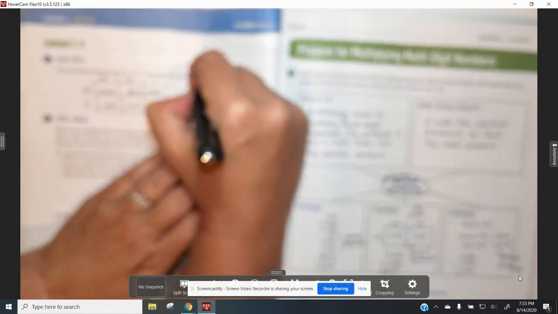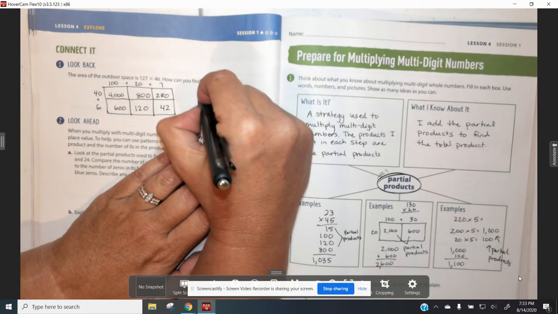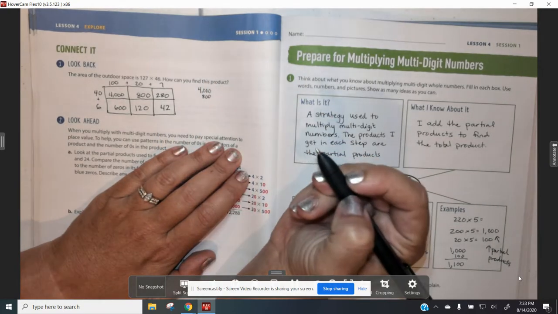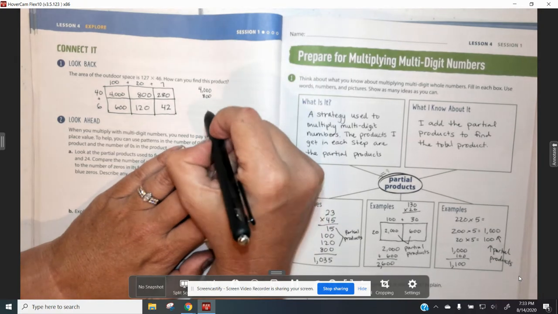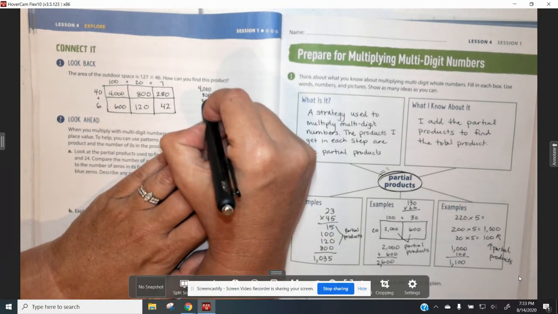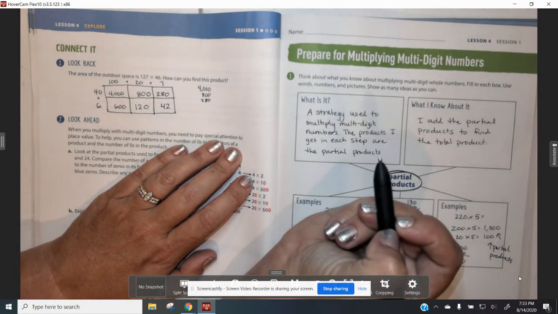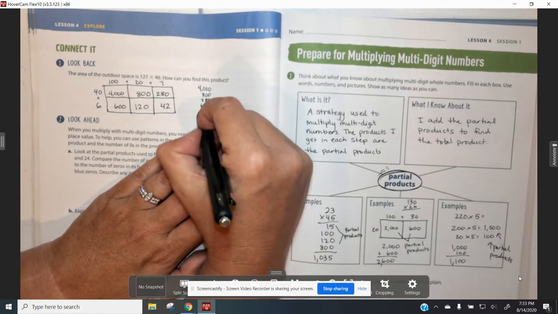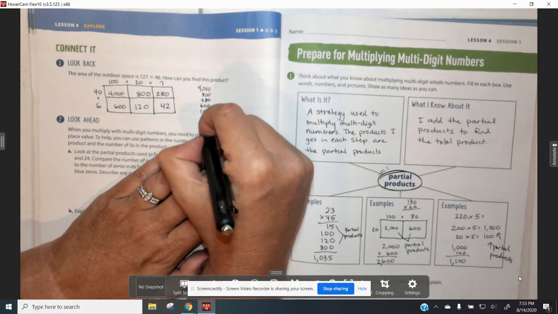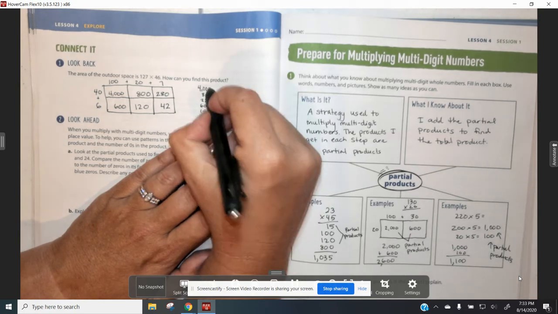So 4,000 plus 800. Make sure you line up your place value, or else you're going to make a mistake with your adding. 280, 600, 120, and 42.